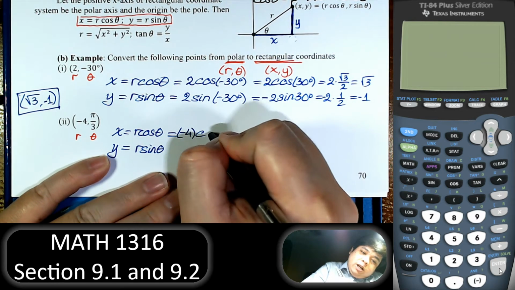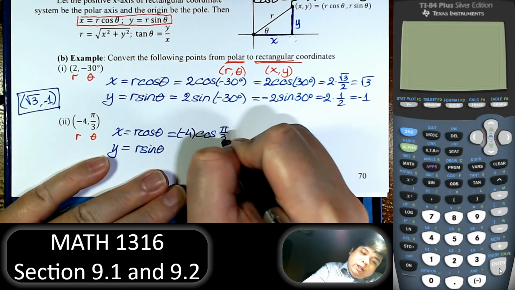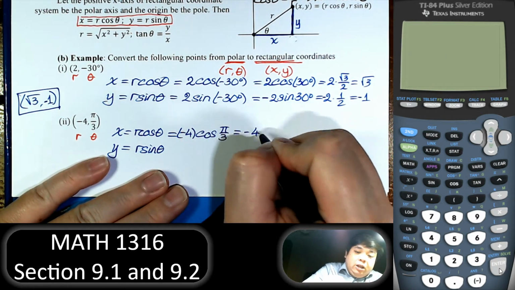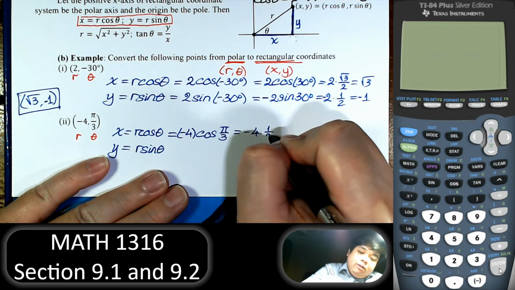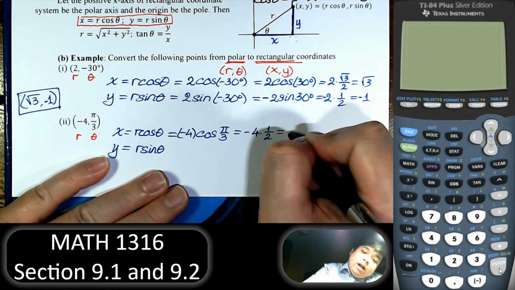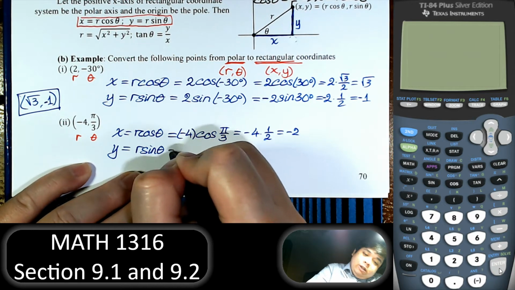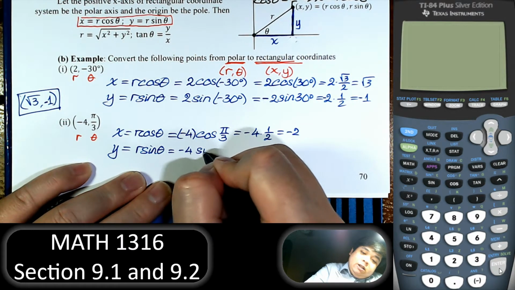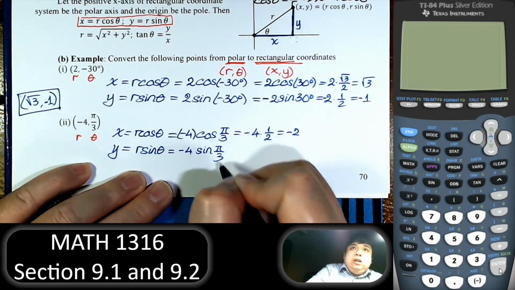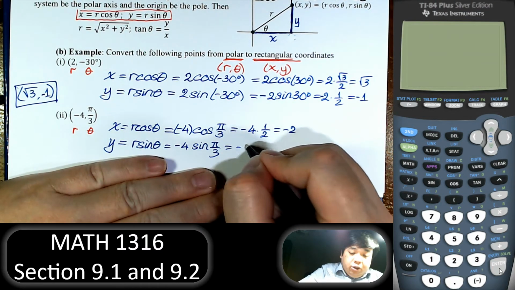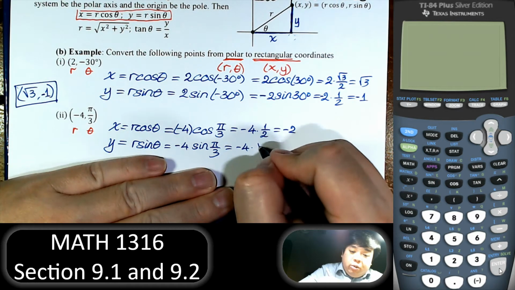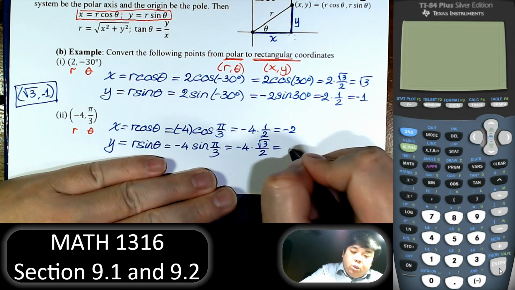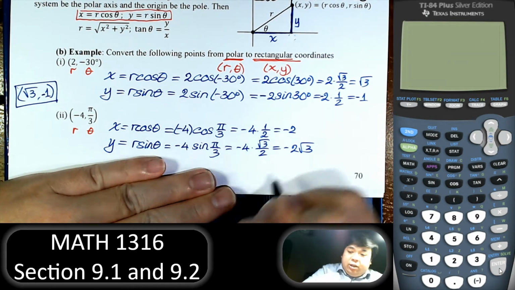And then cosine pi over 3 is 1/2. So that gives us negative 2. And then sine pi over 3 is square root of 3 over 2. So we get negative 2 square root of 3.